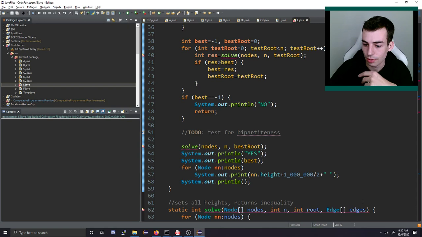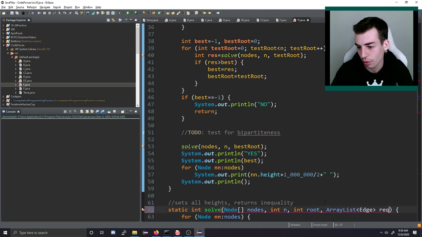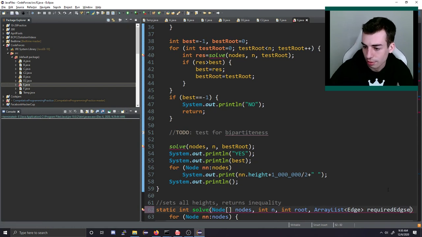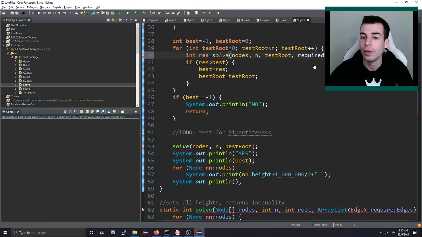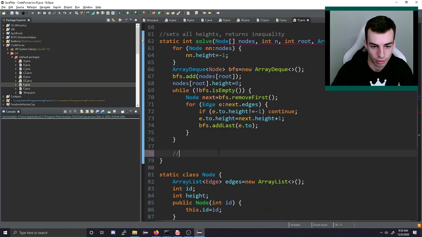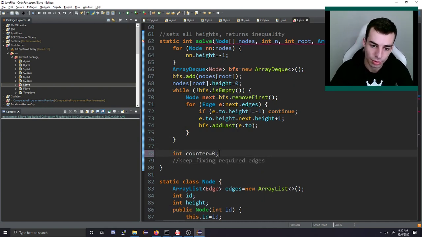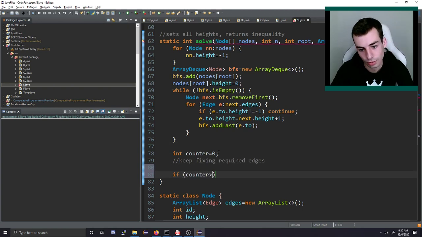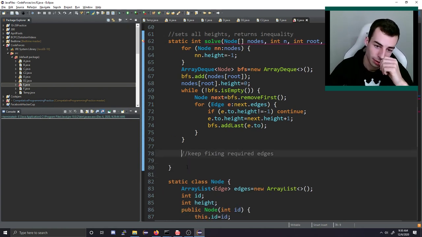Test root, this is an array list. Edge required edges. Okay. So now keep fixing required edges. Counter is 0. Counter is greater than, I don't know, whatever. Don't worry about it for a minute. Okay.